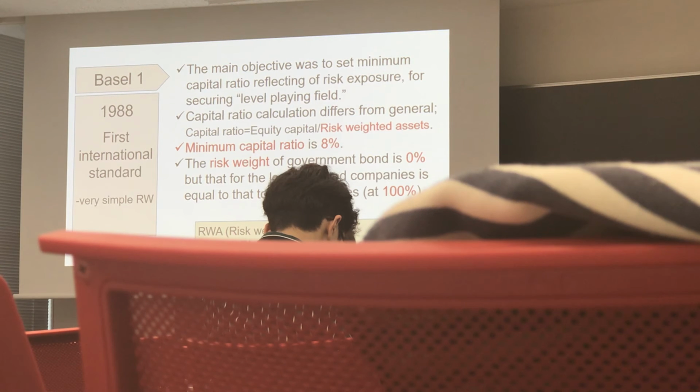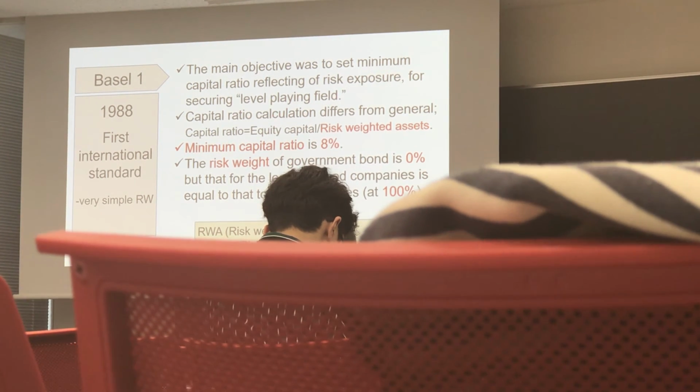And then let me go through the differences between Basel I in 1988, Basel II and Basel III. Basel I was the first international accord or agreement. The key point is the capital ratio is 8% minimum.